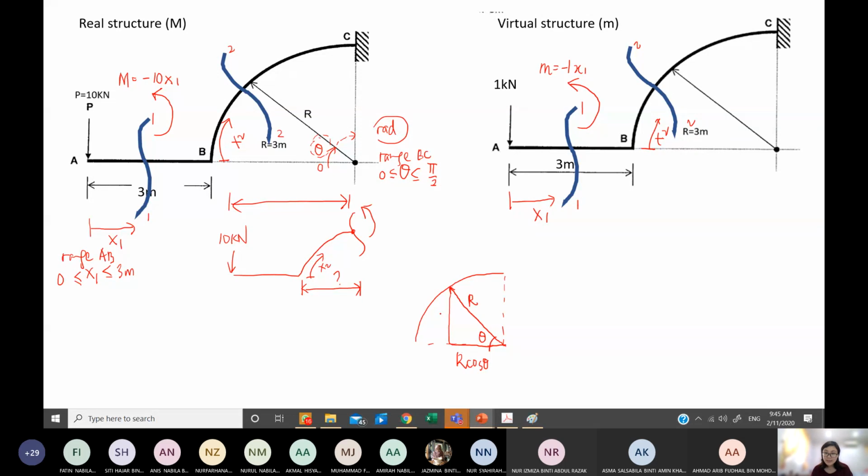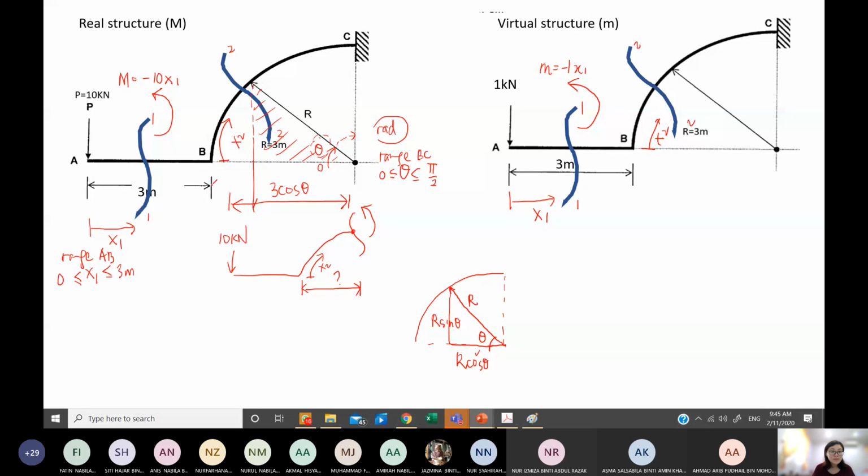You can get the height of this triangle, R sin theta. But in this case, we just require the horizontal component, so we will use R cos theta. So this distance is actually 3 cos theta, R cos theta, right? Can you see the triangle here? So this is 3 cos theta.